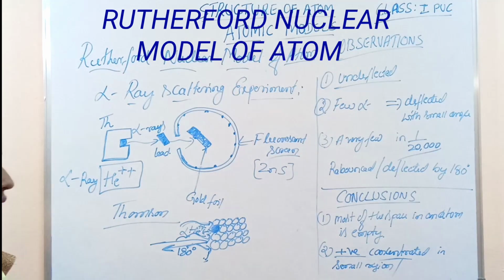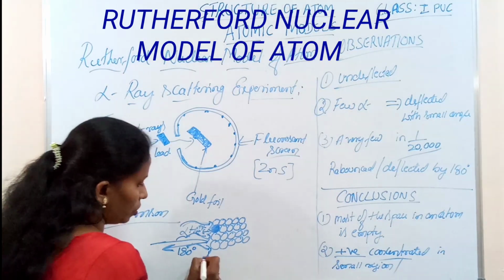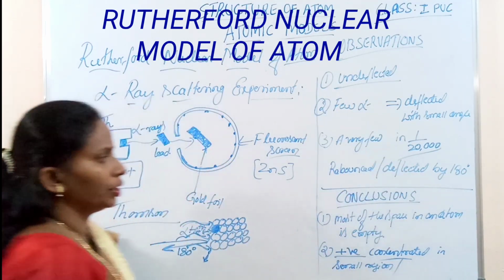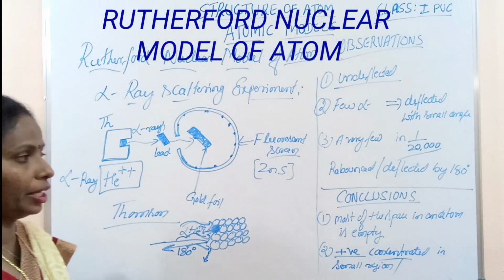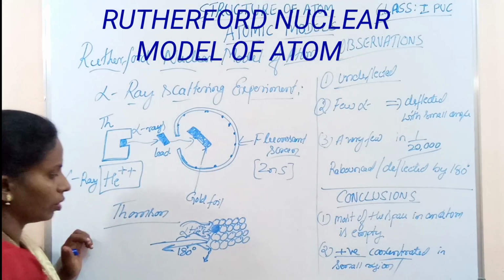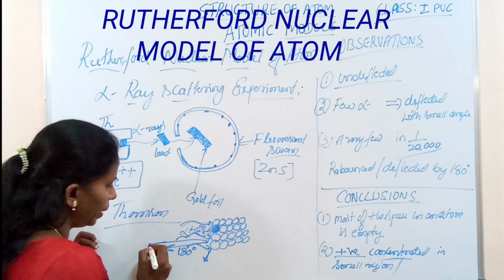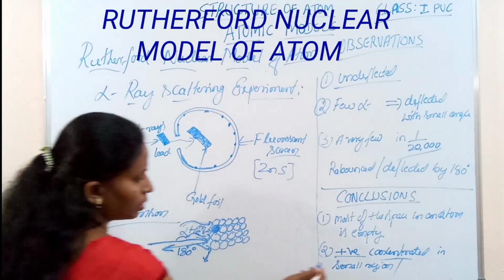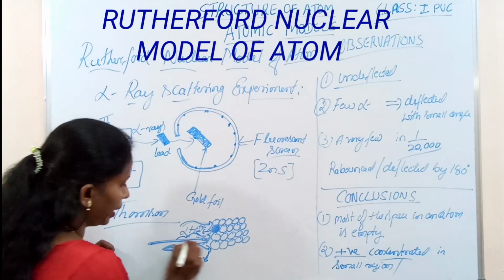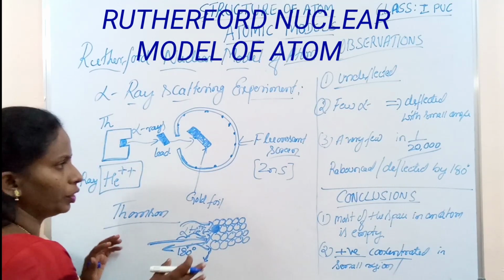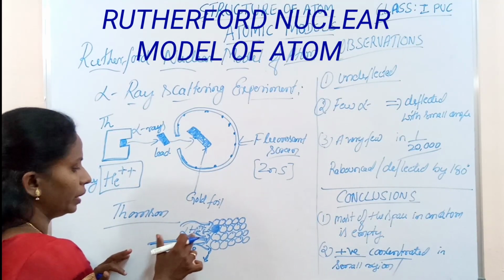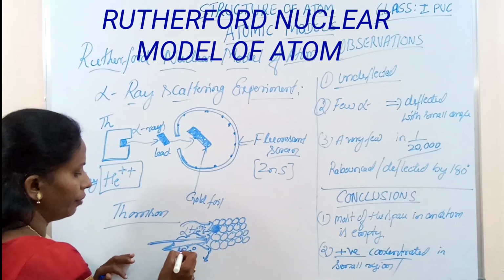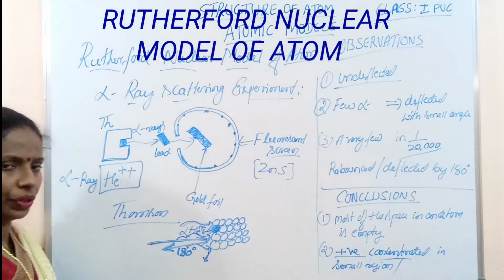Next, a very few, 1 in 20,000, rebounded or deflected by an angle of 180 degrees. That is because when an alpha particle approaches this positive core directly, there is a strong repulsion between the alpha particle and the positive core, so it bounces back.